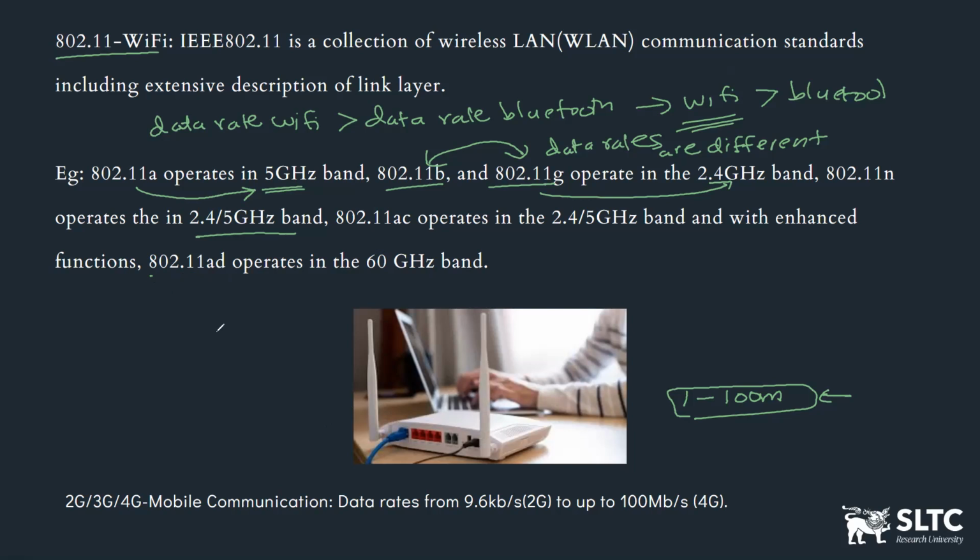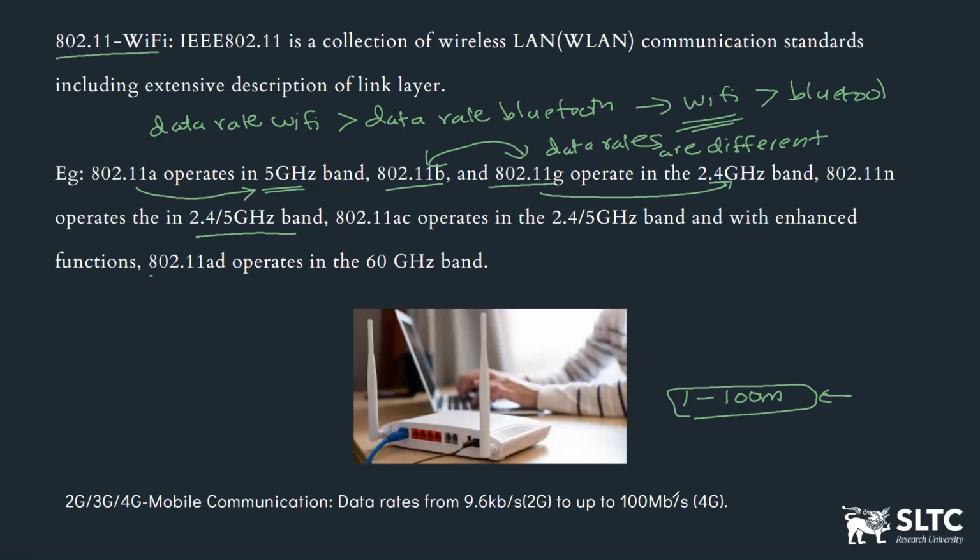We will also talk about 2G, 3G, 4G mobile communications. Cellular communications are also very special because we use mobile communication in our day-to-day lives, and we can achieve about 9.6 kilobits up to 100 megabits per second with cellular technology.